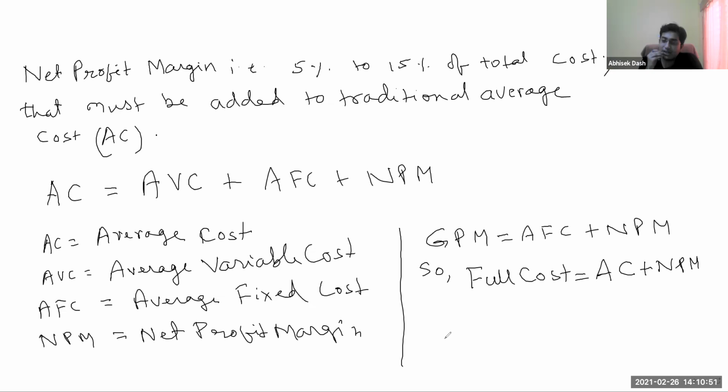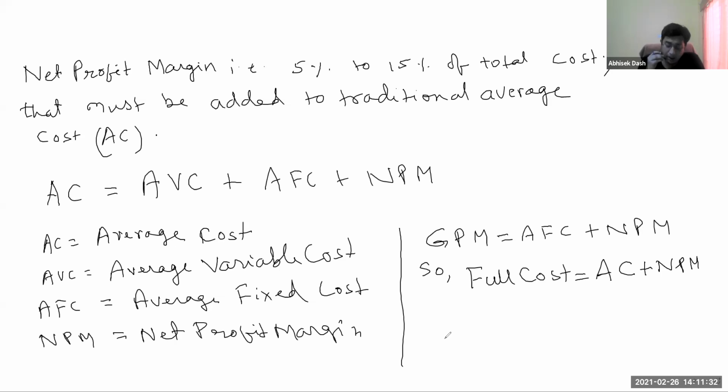Full cost equal to TFC plus NPM plus TVC. Total fixed cost plus total variable cost plus net profit margin. You write it average. Next step, don't write NPM there. Then you write average cost is equal to average fixed cost, average variable cost plus NPM.